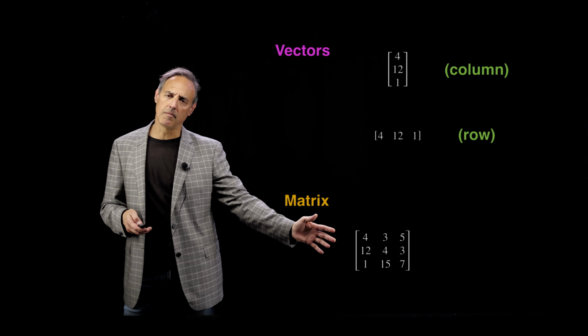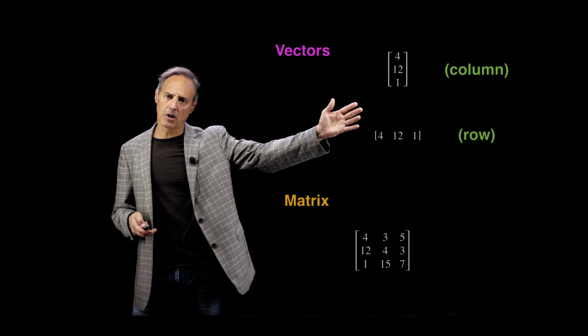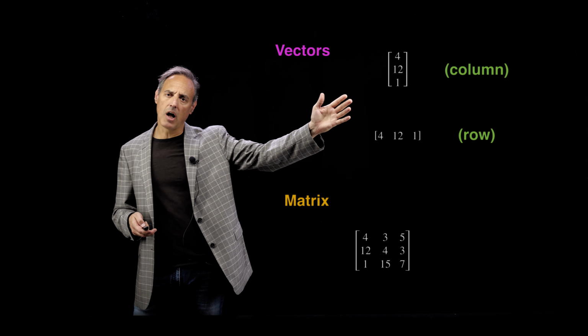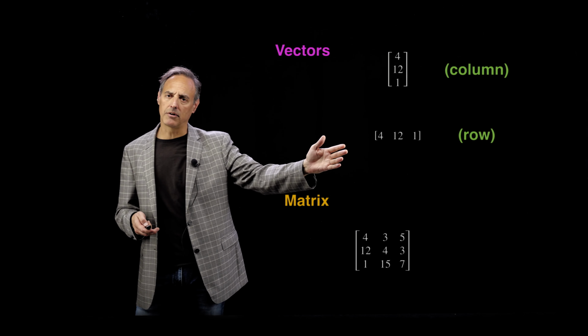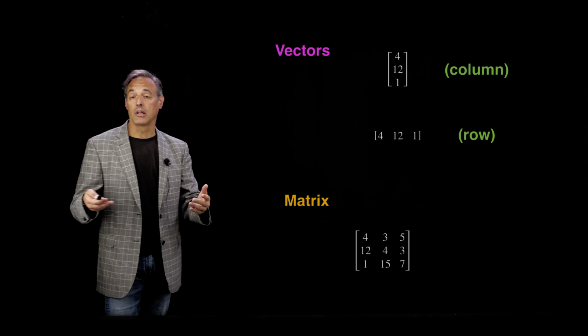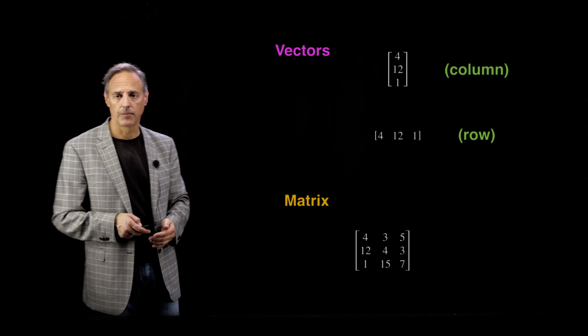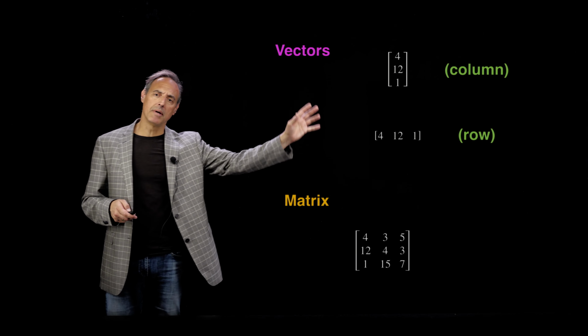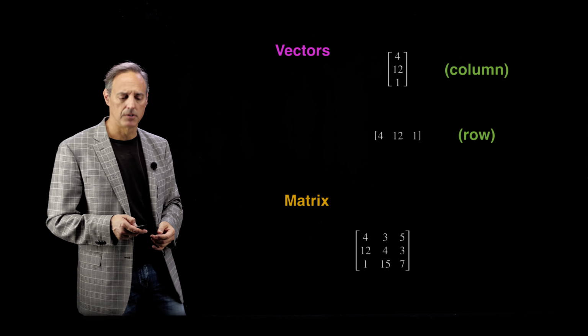And the reason I said vectors are just skinny matrices is because a column vector has a single column, and a row vector has a single row, whereas a matrix can have, generically we refer to them as an m by n. So m rows, n columns, okay? And so we want to be able to manipulate this because it'll be the basis of all of our computations.